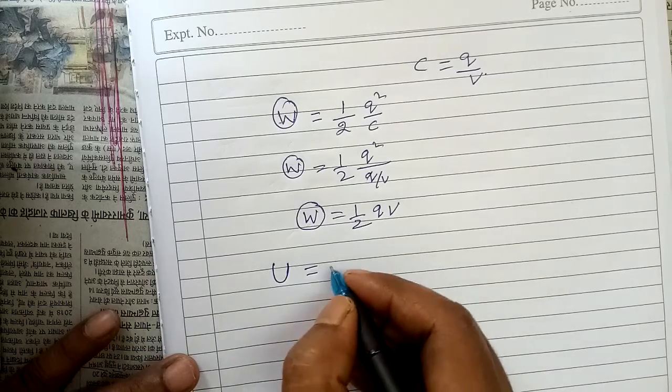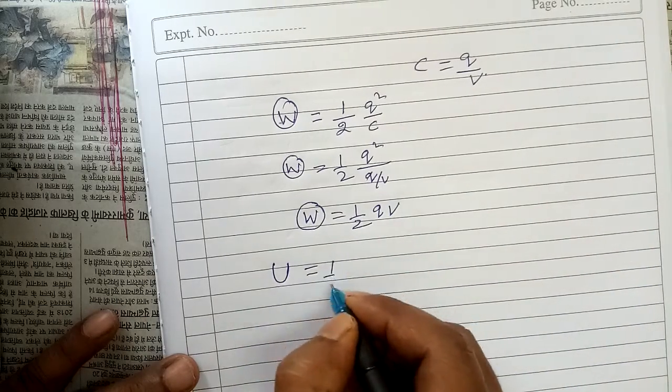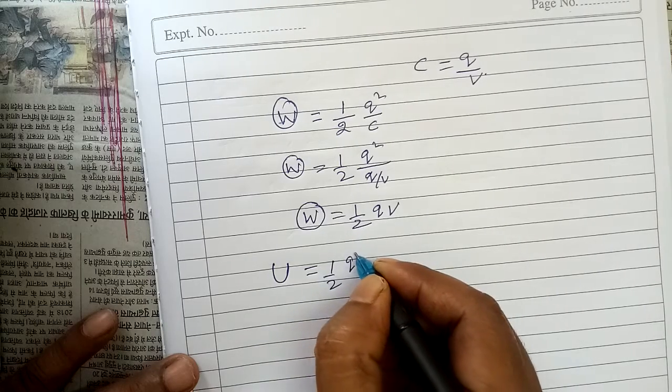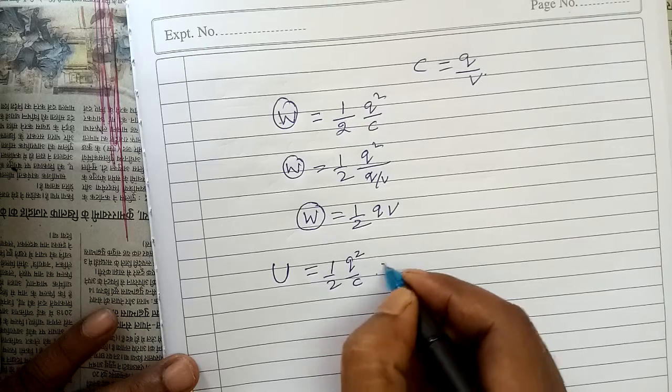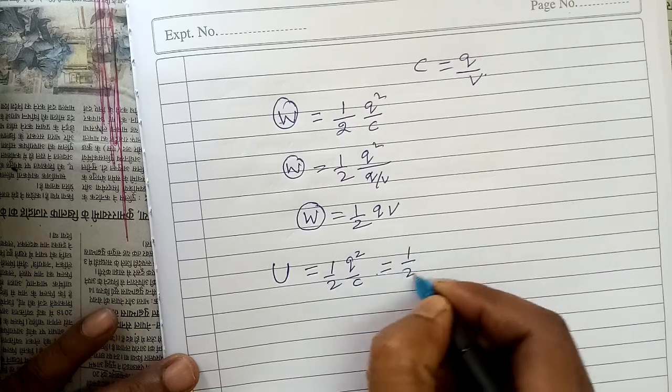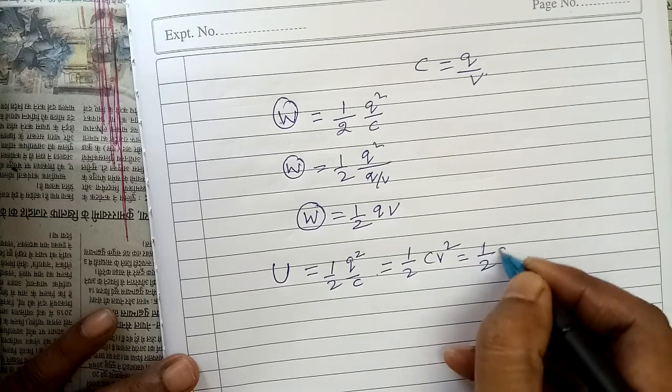So we have the expression now as 1 by 2 q square by C. Also we had 1 by 2 CV square. Also just now we have proved 1 by 2 qV.